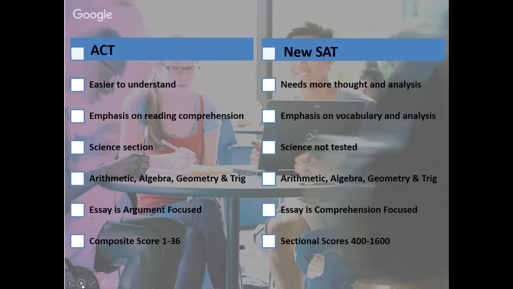The ACT score ranges from 1 to 36, whereas the SAT is 400 to 1600. So on the SAT, a couple points doesn't make a big difference with such a wide range, but on the ACT, 1 or 2 points can make a very big difference on your overall score.